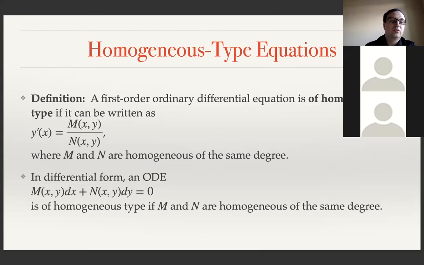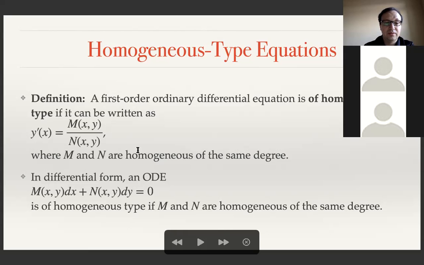So actually I could have said in this definition that y prime is equal to, let's say, f of x and y, where f is homogeneous of degree 0. But I think the definition that I gave here is easier to use in practice because it's easier to recognize when M and N are homogeneous functions of the same degree.